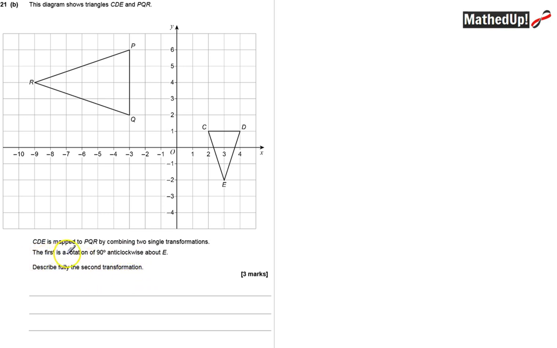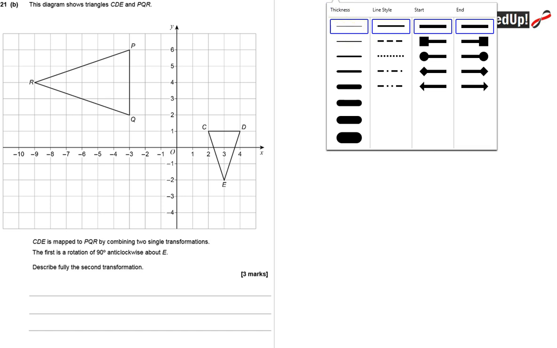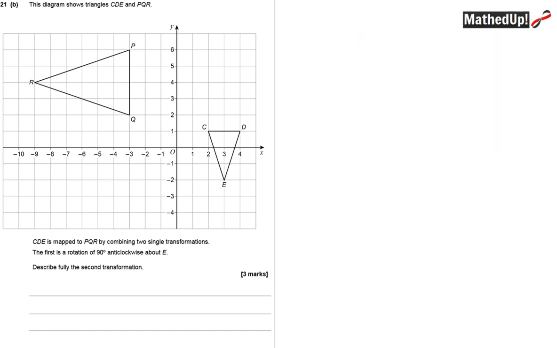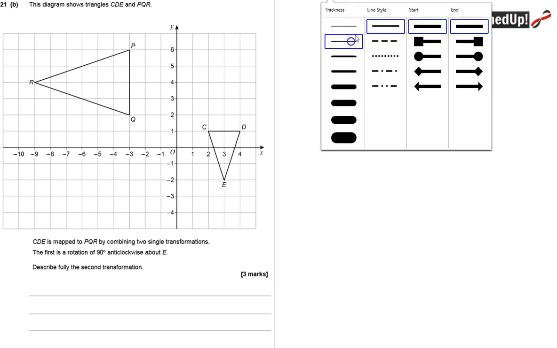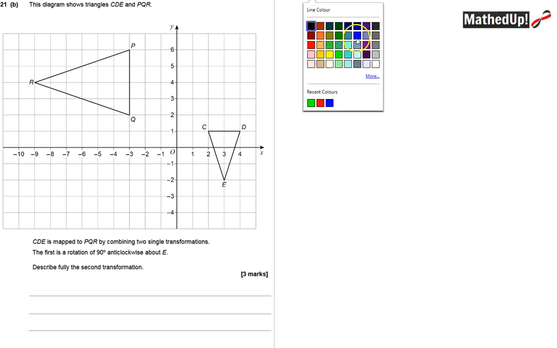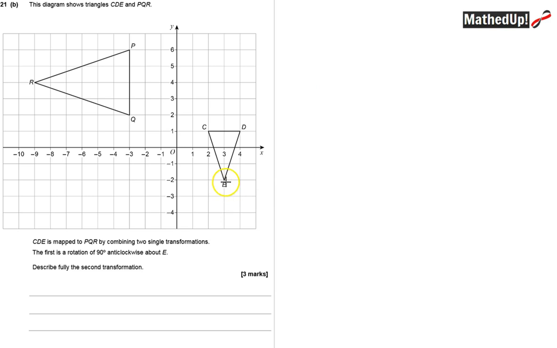So I'm going to draw in this first transformation. It's a rotation of 90 degrees anti-clockwise about E. So about that point, we're going to rotate this shape 90 degrees anti-clockwise. I'm just going to draw in what that is going to look like. We'll do it in blue. Point E is going to stay where it is.